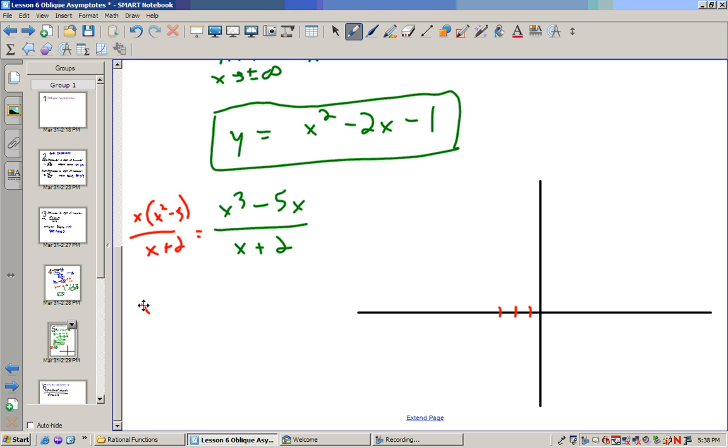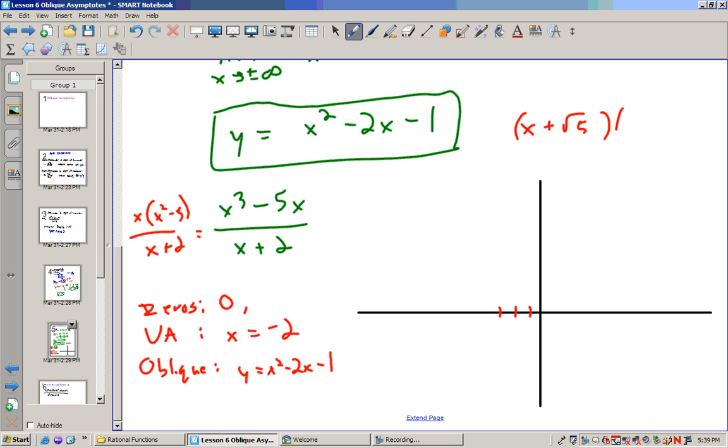Okay, let's do zeros, vertical asymptote, oblique. And we know the oblique asymptote is y equals x squared minus 2x minus 1. The vertical asymptote is when the denominator equals 0, so that's x equals negative 2. The zeros, well, there'd be 1 at 0, and if I solve this, x squared minus 5 can factor into x plus root 5, x minus root 5. So there are 2 more zeros at root 5 and negative root 5.